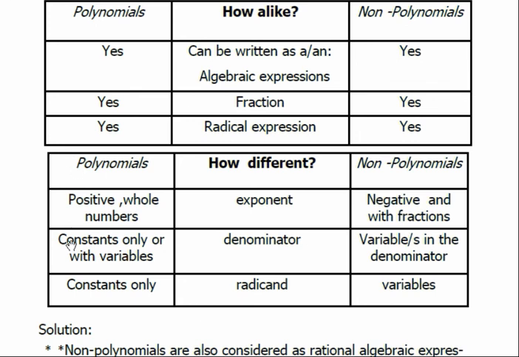In terms of the denominator, polynomials can only contain constants in the denominator. And non-polynomials contain variables in the denominator.